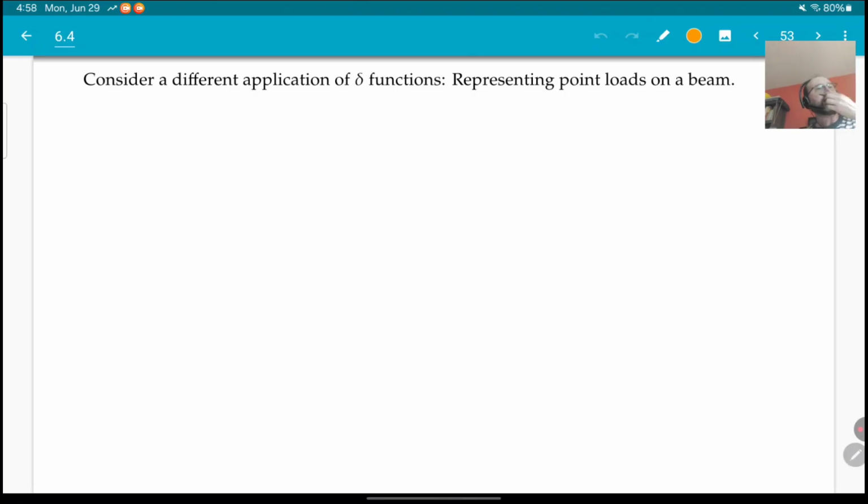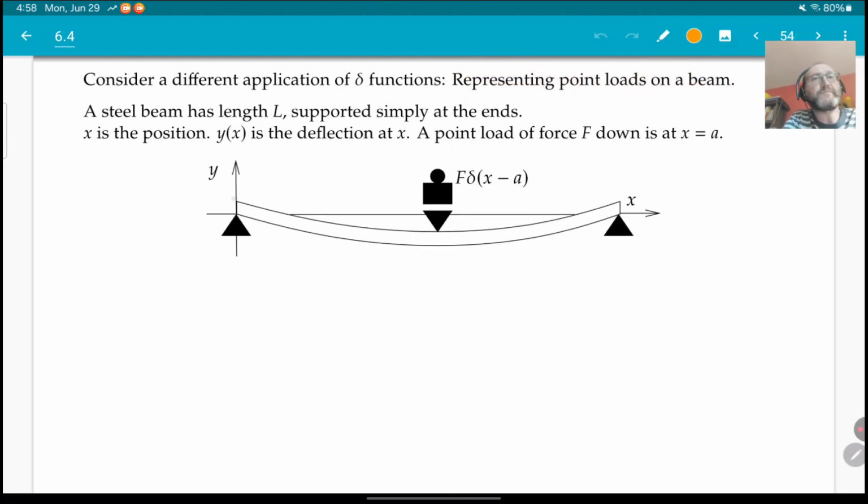Let's look at a completely different application of the delta function, just to see that delta functions are useful in other places, not just impulse response. For example, representing point loads on a beam. We have a beam of length L that is being bent. There's a force F at a single point pointing down, and the beam is simply supported.